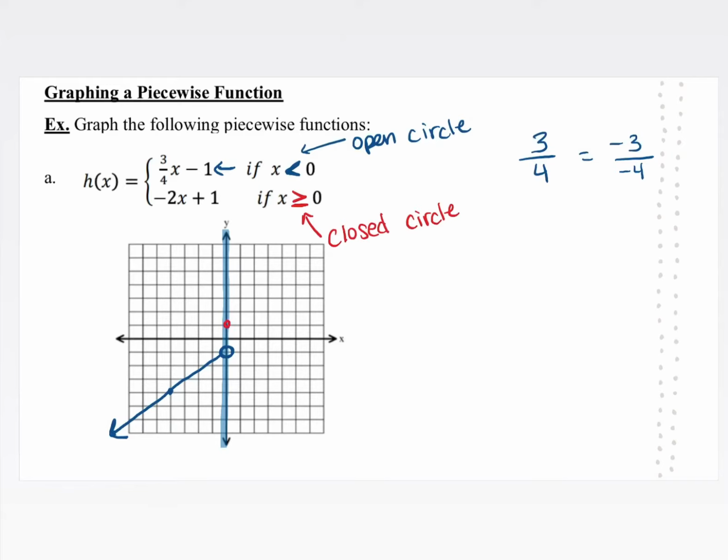So we have a closed circle at 1, and our slope here is negative 2, or negative 2 over 1. So we can go down 2, to the right 1, down 2, to the right 1. So we have a negative slope. And there's our graph right there.